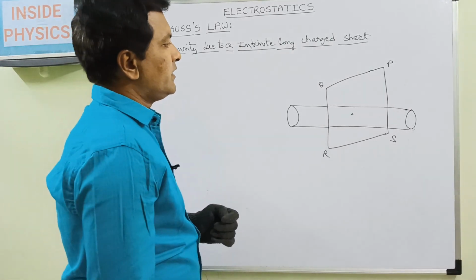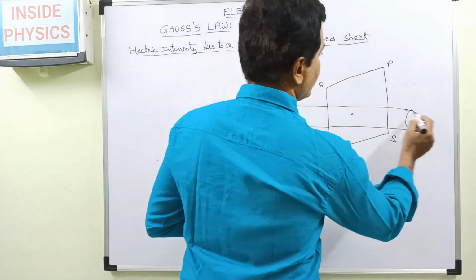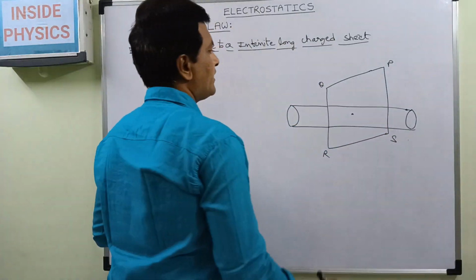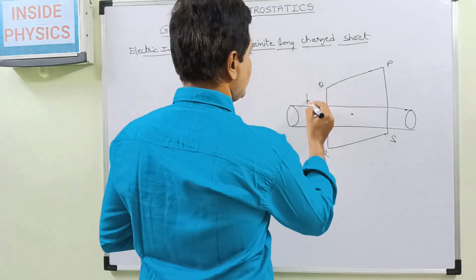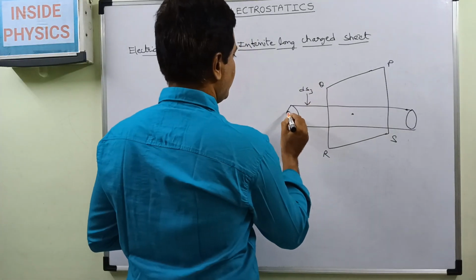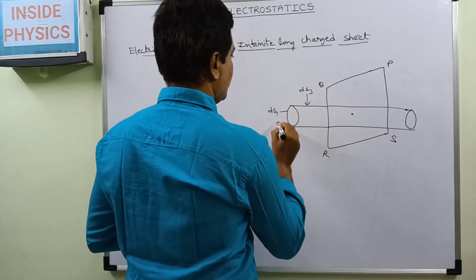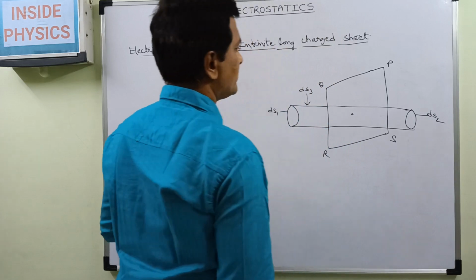Here the electric field will be coming in this direction, perpendicular to this surface. If this is called ds, this surface we can take as ds1, this is ds2, a small surface we will consider.